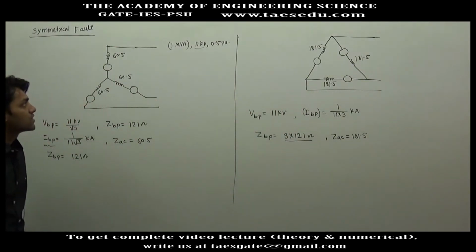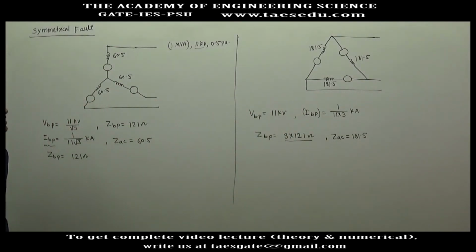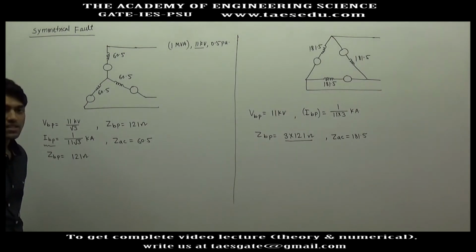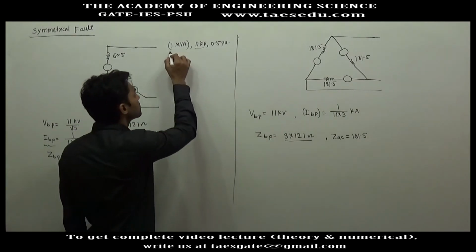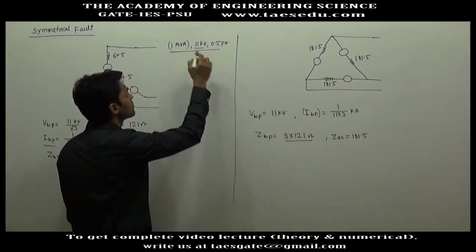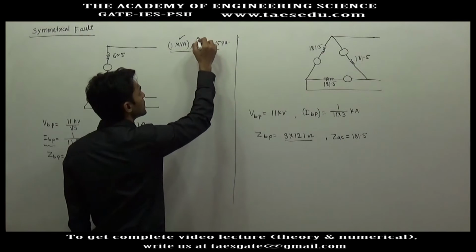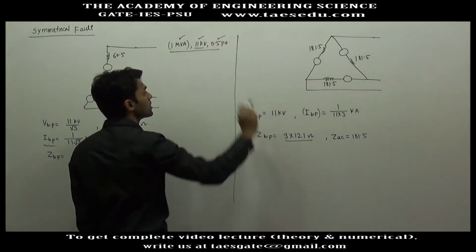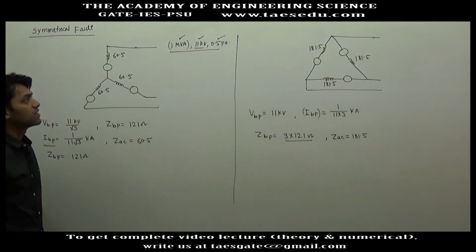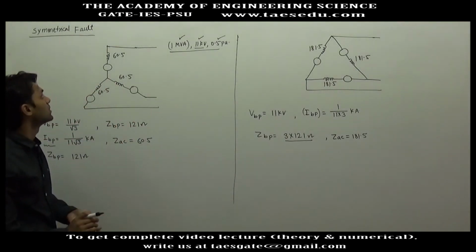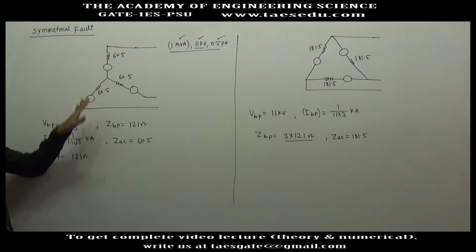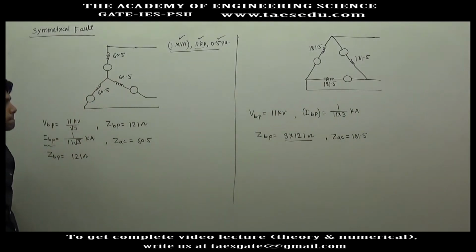So in generators of identical rating, if one is star connected and the other is delta connected, and the ratings are the same, in both the generators you have the same MVA or kVA rating, same voltage rating and same PU impedances, then the actual impedance in case of delta will be 3 times the actual impedance in case of a star connection.